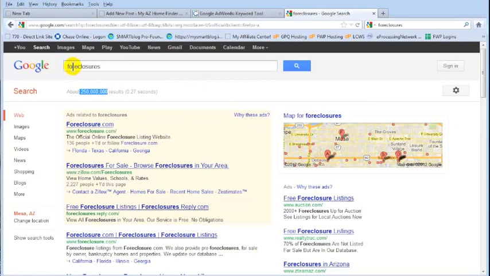And when I say optimized, I mean they have the word foreclosure or foreclosures in their site such that Google could find it, and that word's basically attributed to their website or associated with their website in one way or another. So 250 million websites for the word foreclosure.